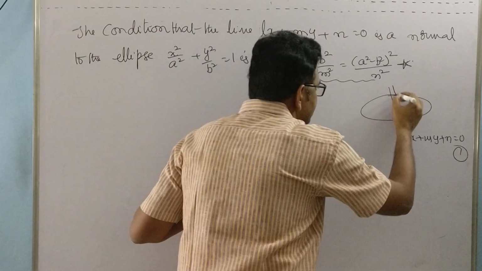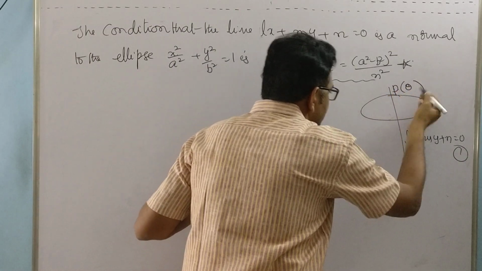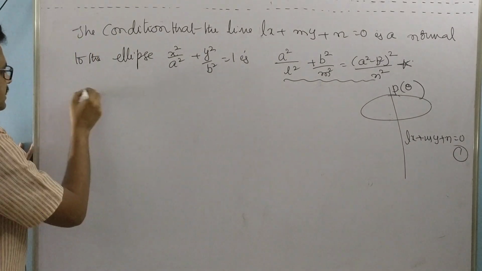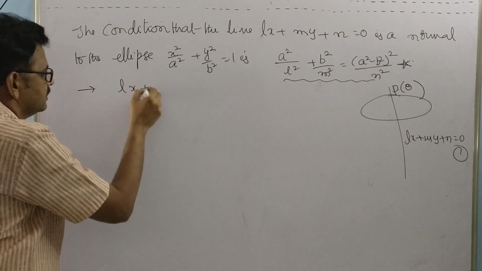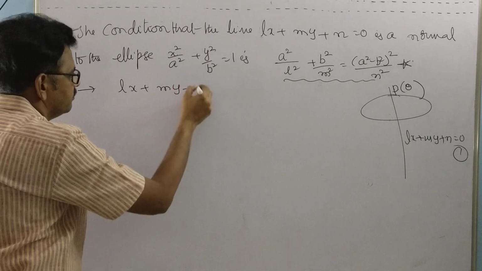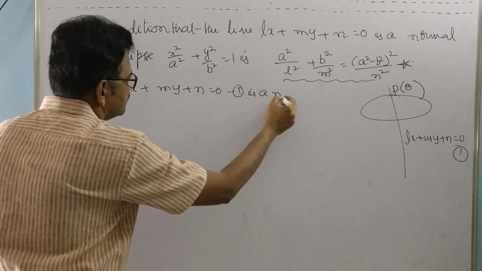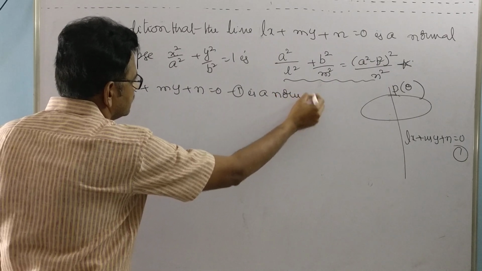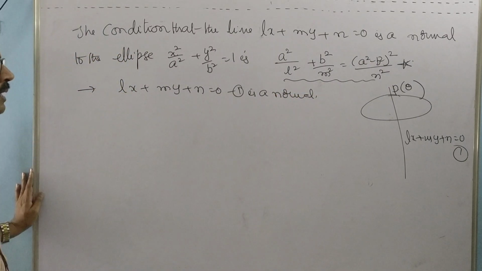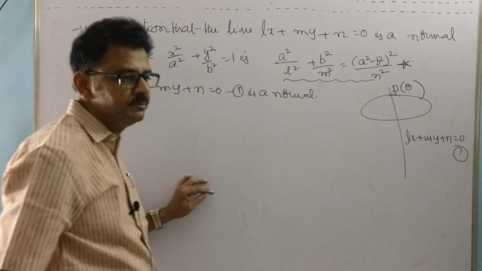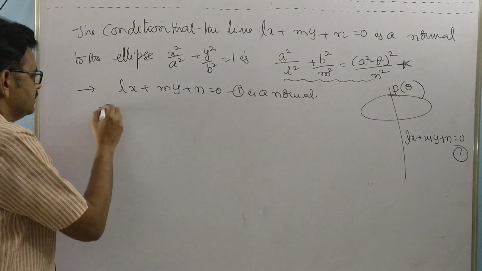At the point P theta, let the point be P theta. Given Lx plus My plus N equal to 0, so it is a normal. Now the equation of normal at the point P theta. What is the equation of normal?